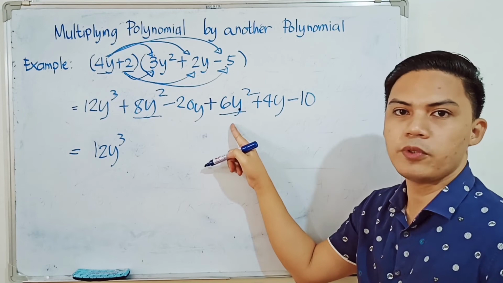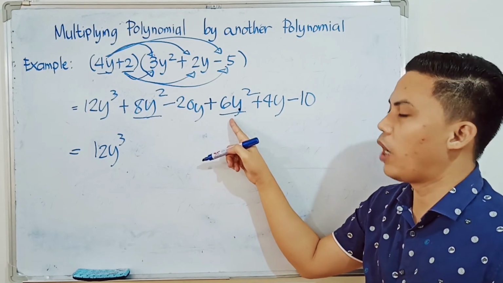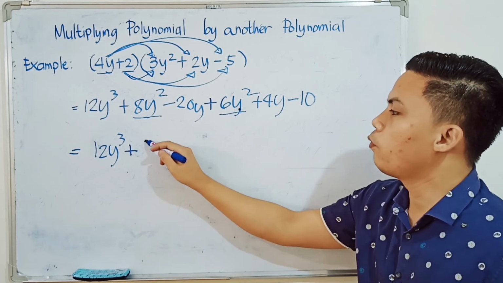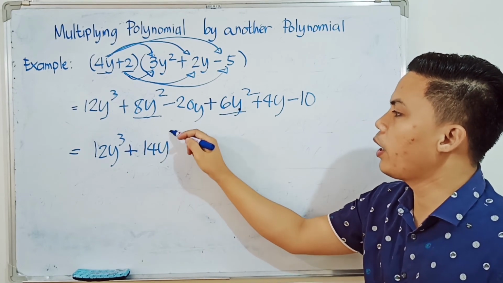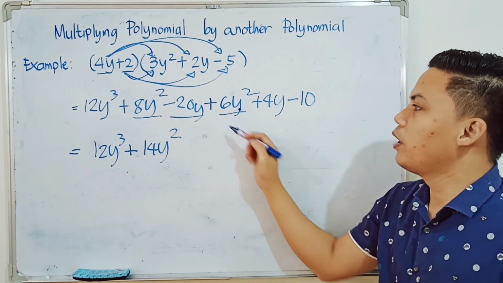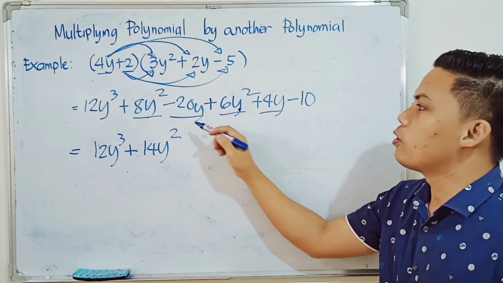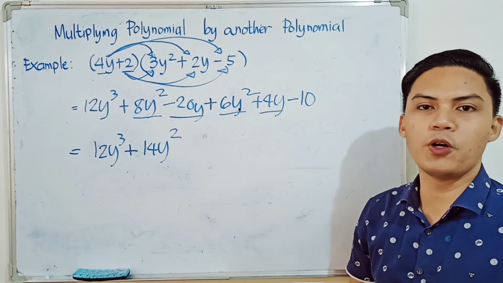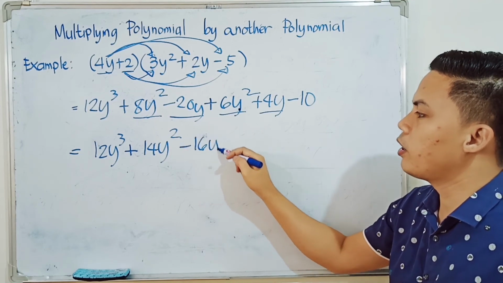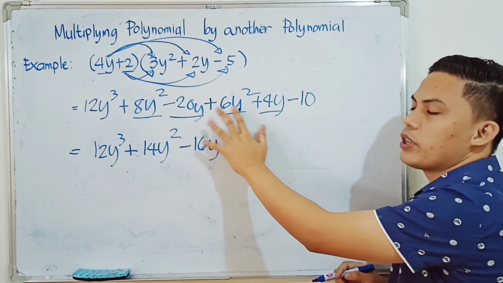So, we can add them, combine them as 1. So, 8y squared plus 6y squared, it would be equal to 14y squared. And next, we have negative 20y. So, same sila ng literal coefficient ni positive 4y. So, negative 20y plus 4y, kukombine natin sila, we will have 16y. Okay? 16y kasi nga, opposite sila ng sign.